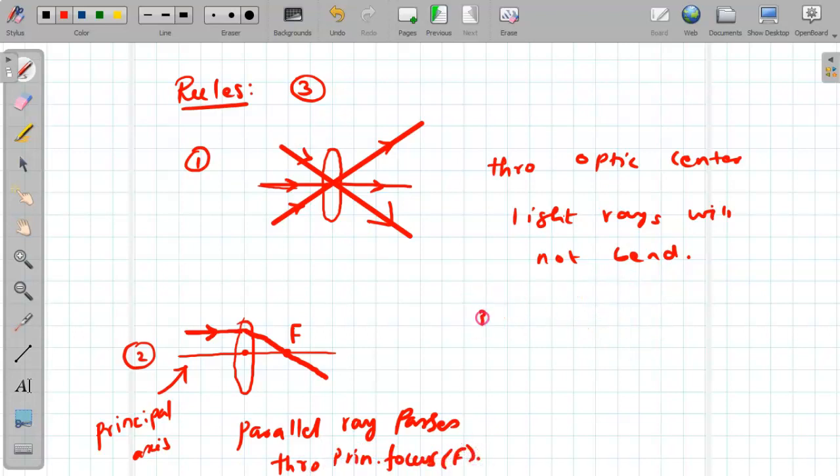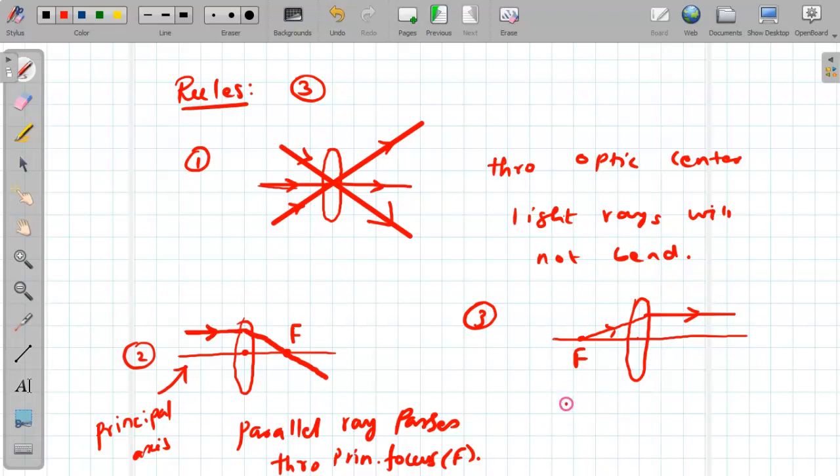And the third rule: first you draw the principal axis, and now the light ray which is coming from the principal focus will become a parallel light ray to the principal axis.